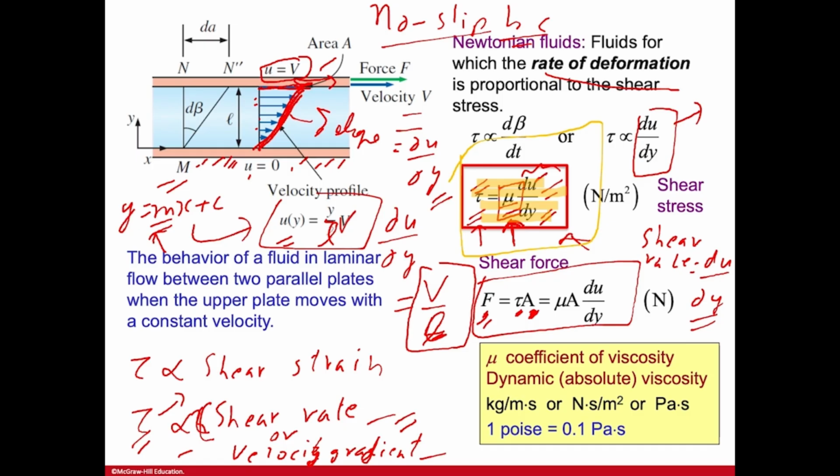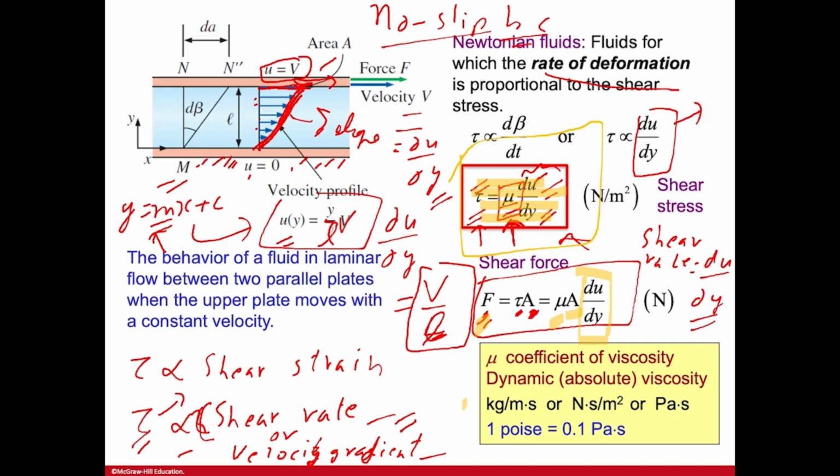The way the drag force is computed is, first you find the local velocity gradient, then you know the viscosity, you multiply that by area, and then you get the force. So this is a very common relationship, and hopefully you remember it throughout this whole semester.